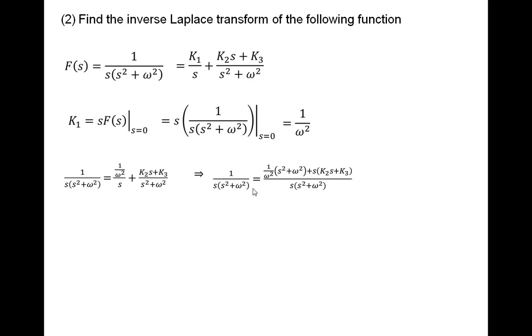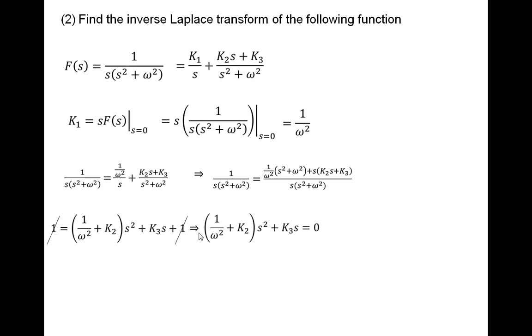But the fraction on the right side and the fraction on the left side should be the same. Since the denominators are the same, the numerators should be the same as well. By equating both numerators, I will have 1 equal to 1 over omega squared plus k2 s squared plus k3 s plus 1. Since in both sides I have 1, this 1 will be cancelled out with each other.